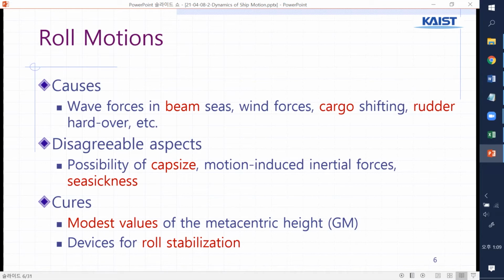But if it is too small, then it cannot absorb all the bumps coming from the road. It is very similar to the spring constant of F equals Kx.